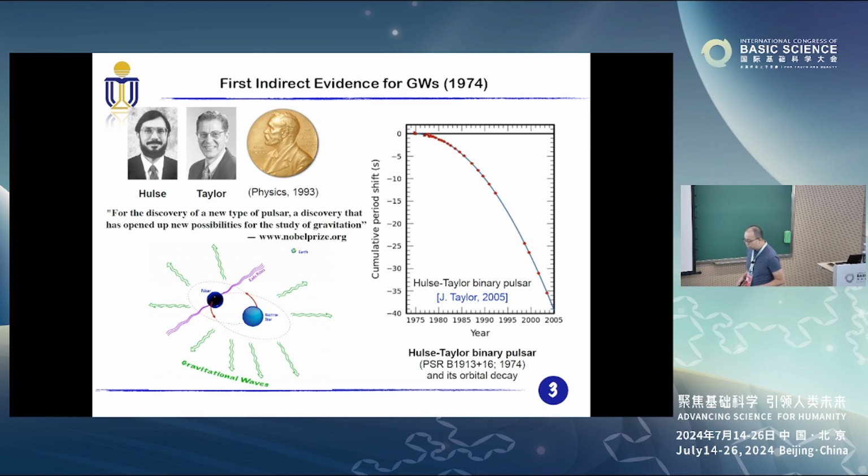This is the first evidence for the existence of gravitational waves. Because of this achievement, Hulse and Taylor shared the Nobel Prize in Physics in 1993 for the discovery of a new type of pulsar, a discovery that has opened up new possibilities for the study of gravitation.